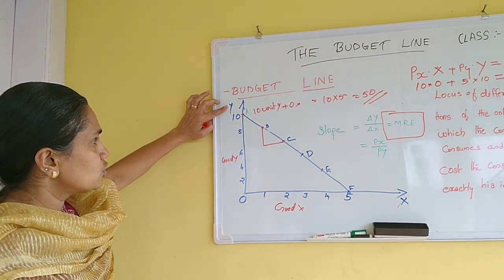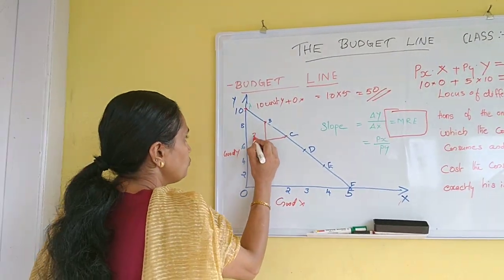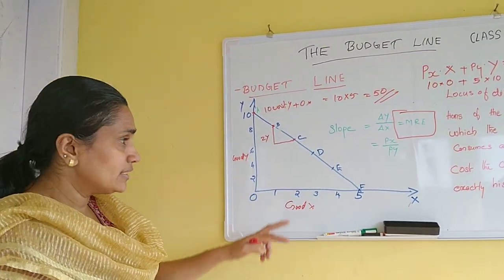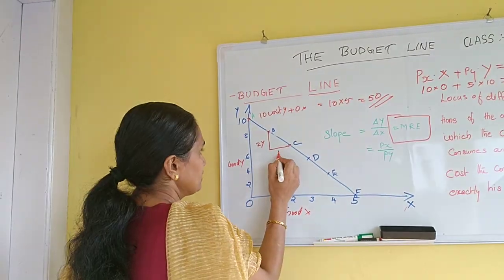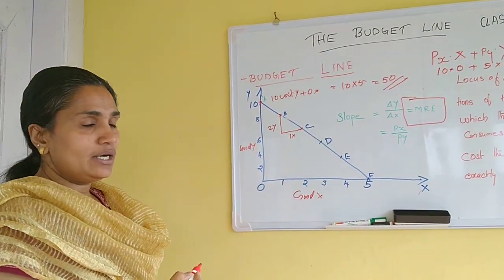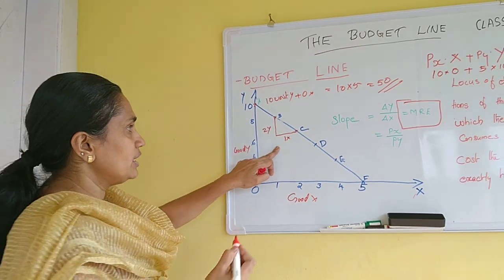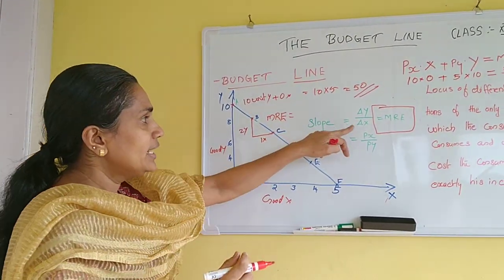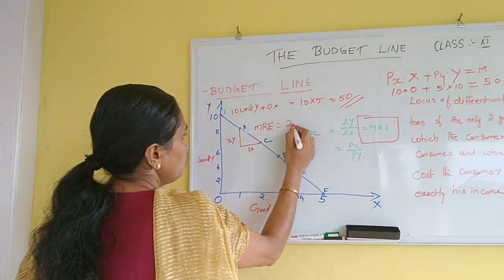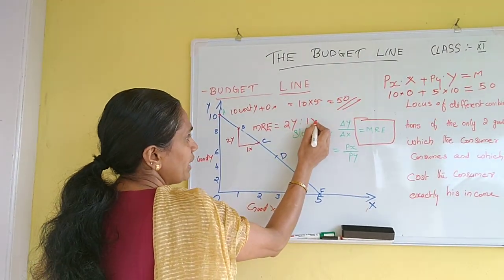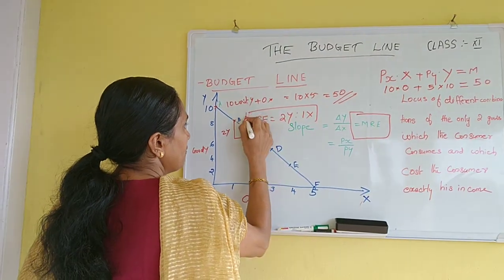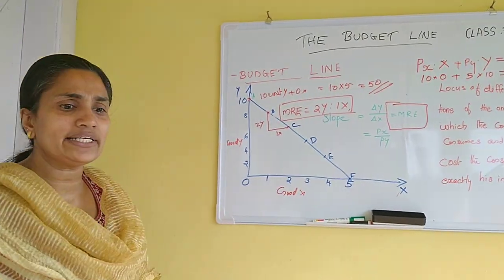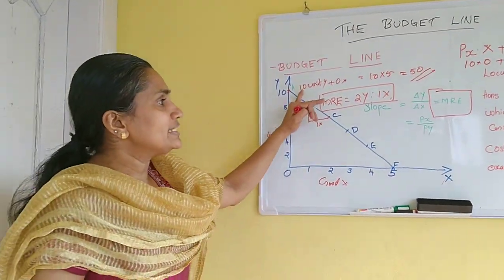That means the consumer is exchanging 2 units of Y for getting one more X. So what is MRE? MRE is equal to delta Y by delta X, that is 2Y for 1X. This is MRE, that is the slope of the budget line.